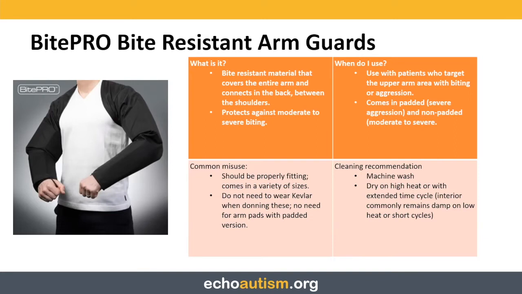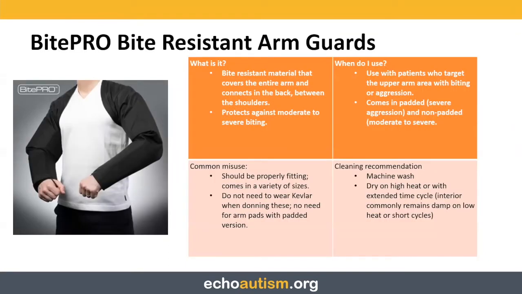I don't like the padded ones as much just because they're so bulky to wear. And these come from the UK. They take about a month when we order them, but they really have added that extra layer of protection to the upper arm for folks who bite or pinch commonly in that upper area.